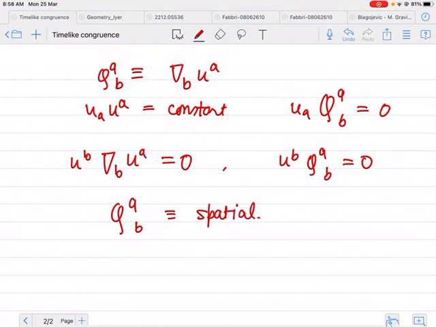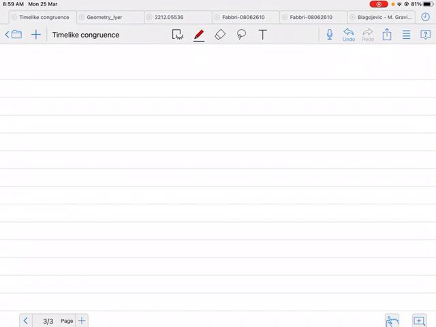For many applications, it is convenient to rewrite del_j u_i by the following procedure. First, we will separate out from del_j u_i the part a_i u_j, where a_i is the acceleration vector. This is convenient since this term will vanish for a geodesic congruence, which is what we will deal with most of the time. The remaining second rank tensor can be separated into symmetric and antisymmetric parts.